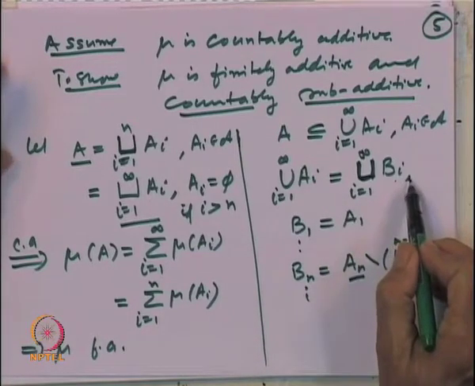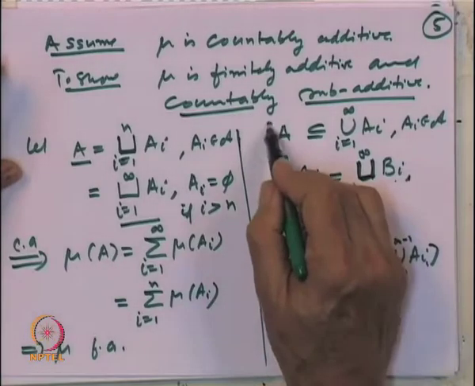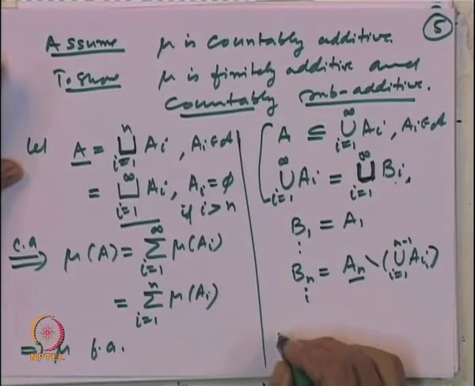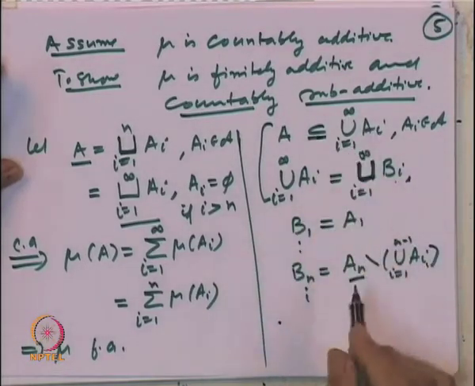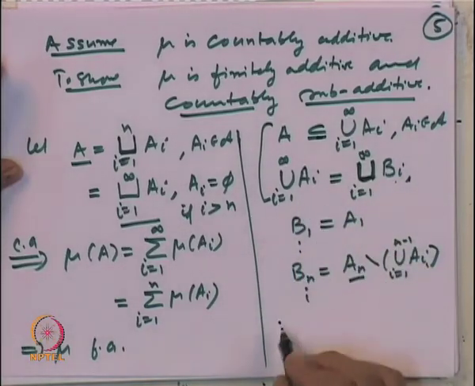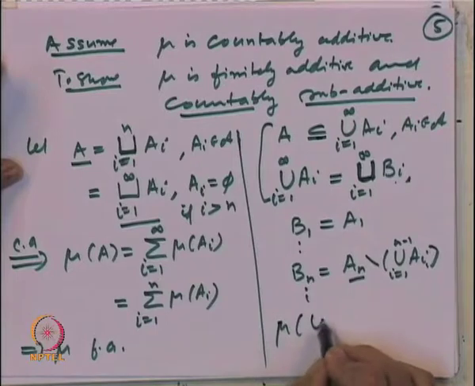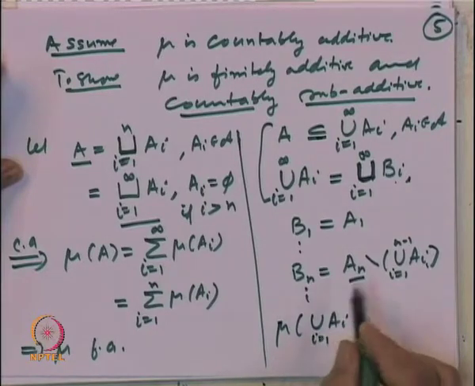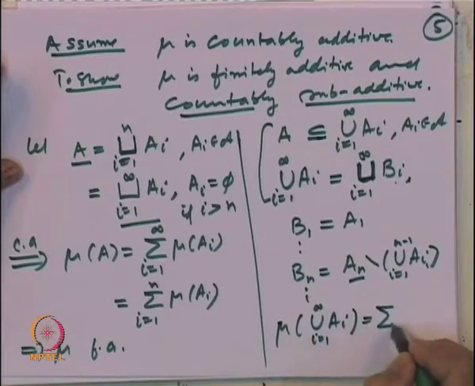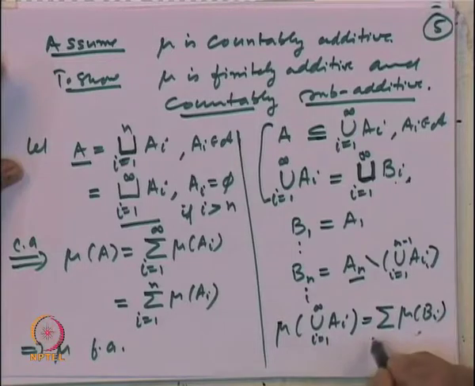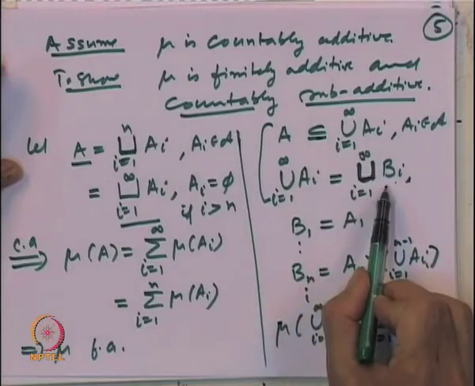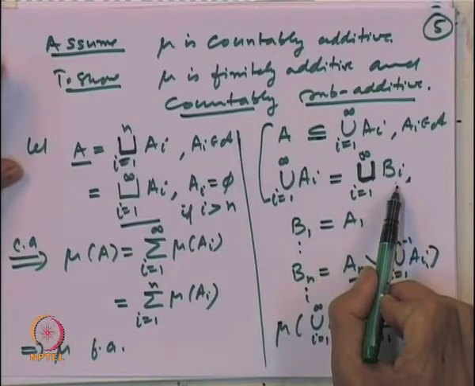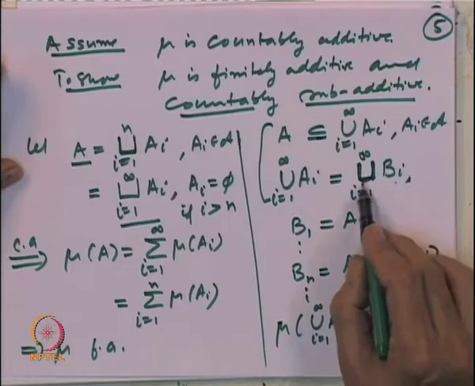Once that is done, using these two things, let us write mu of the union of A_i, i equal to 1 to infinity, which will be equal to the summation of mu of B_i, i equal to 1 to infinity, because the union of A_i's is the same as the union of B_i's, and the union of B_i's is a disjoint union.